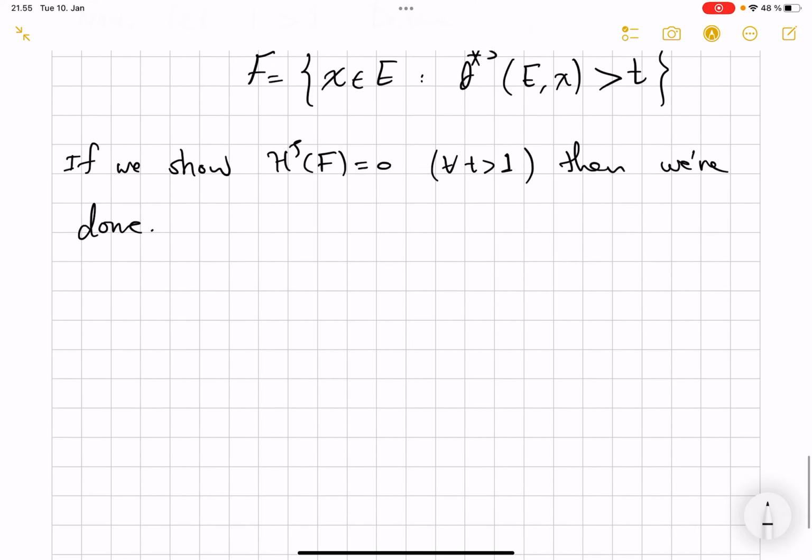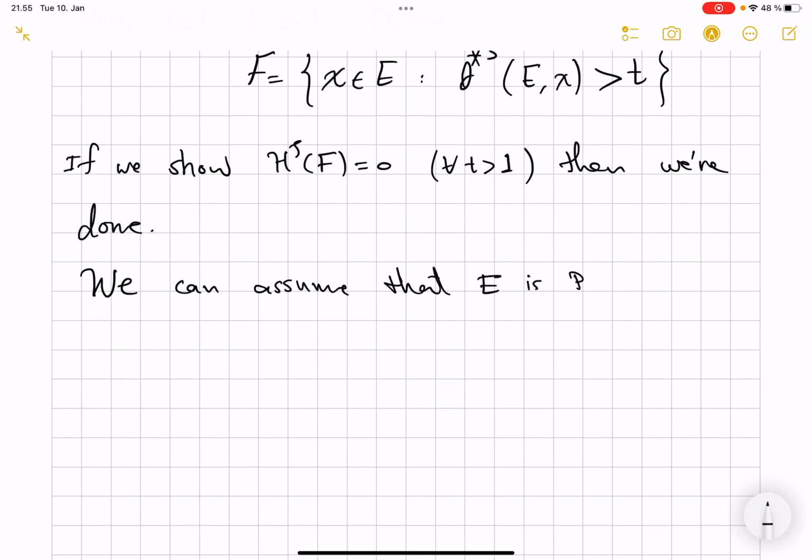Okay, for important reasons, we have to bring in this argument that we have actually used before, proven before. So we can assume that E is Borel.